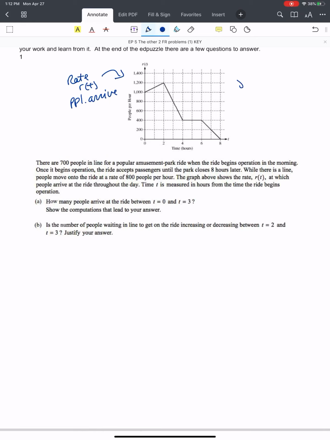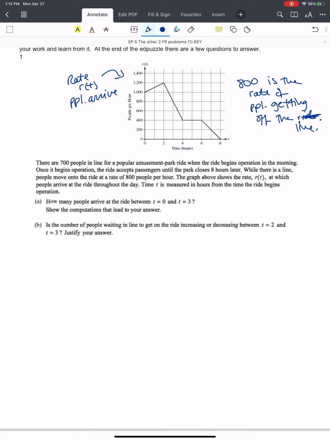And 800 is the rate of people getting off the ride, because they're getting onto the ride, but they're getting off the line, I guess you could say. Okay? All right, so how many people arrive?